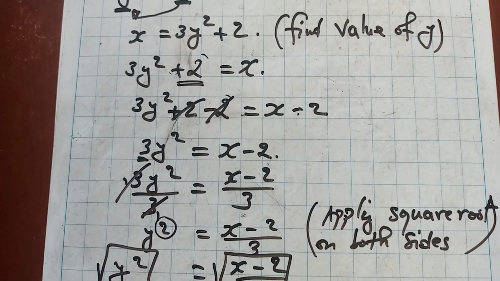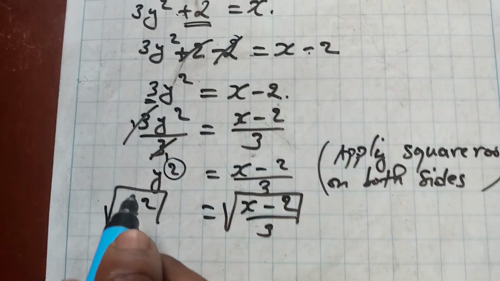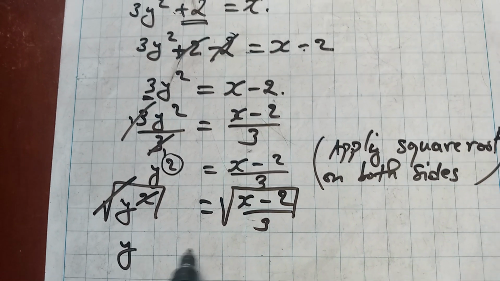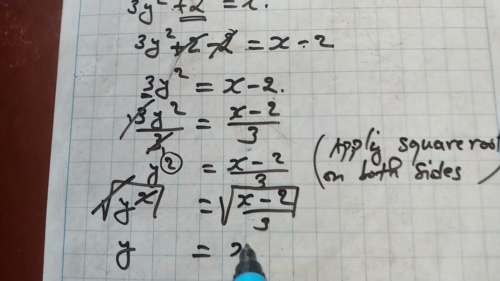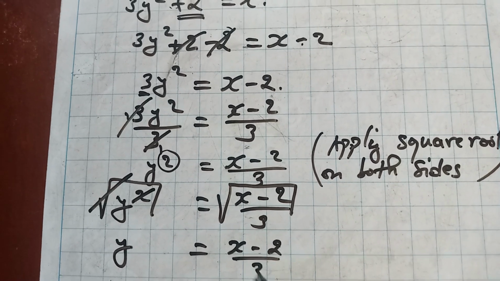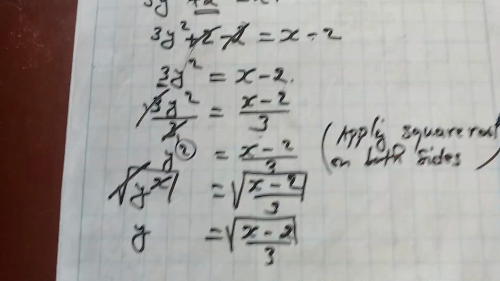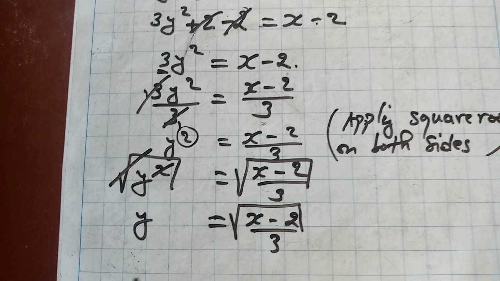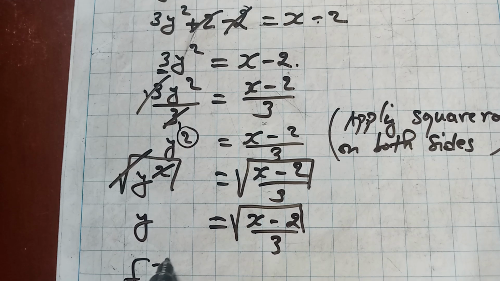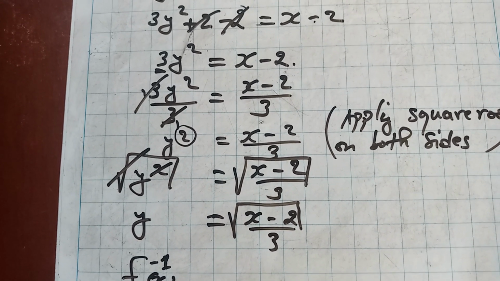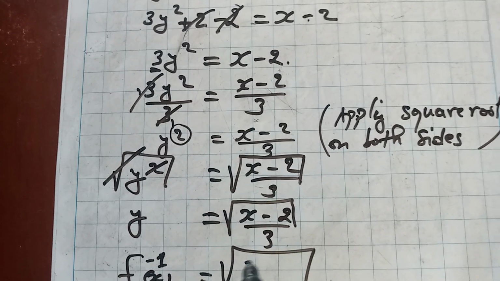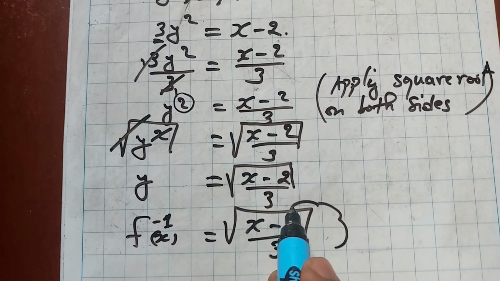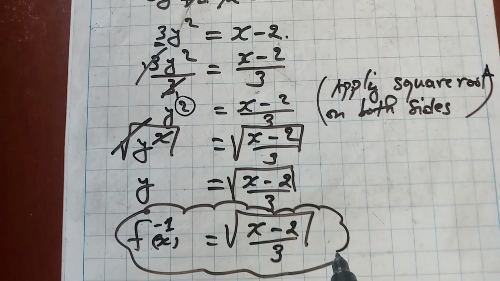The square is simplified to have y equal to the square root of x minus 2 over 3. This is our inverse. Now f inverse of x is equal to the square root of x minus 2 over 3. This is the inverse that we need.